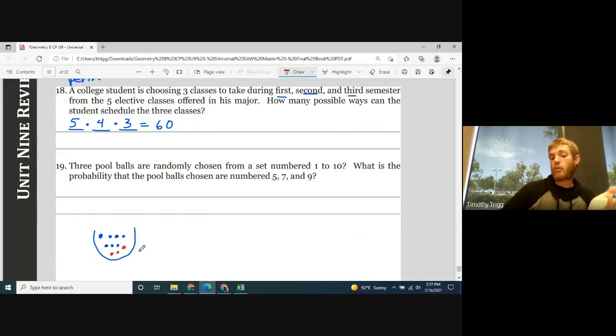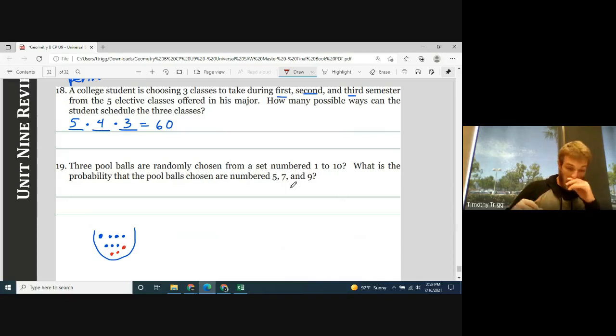Now, it doesn't matter which order I pick them out, because it doesn't say that the pool balls have to be chosen in that order. It just says I need to choose these ones. So if you grab out the 7, then the 9, then the 5, that's good. If you grab out the 9, then the 5, then the 7, that's good too. If you grab out the 5, then the 7, then the 9, that's good too.